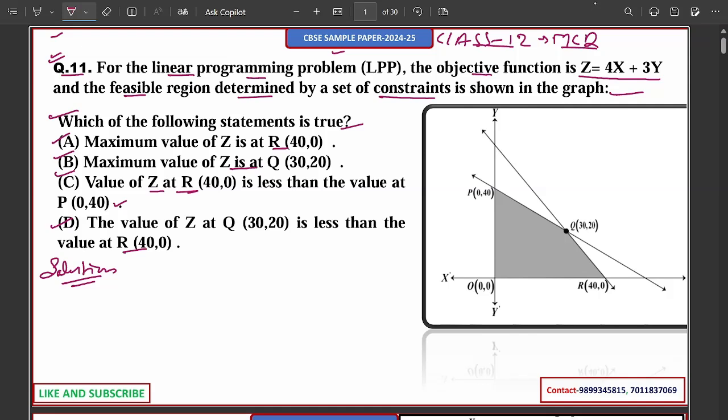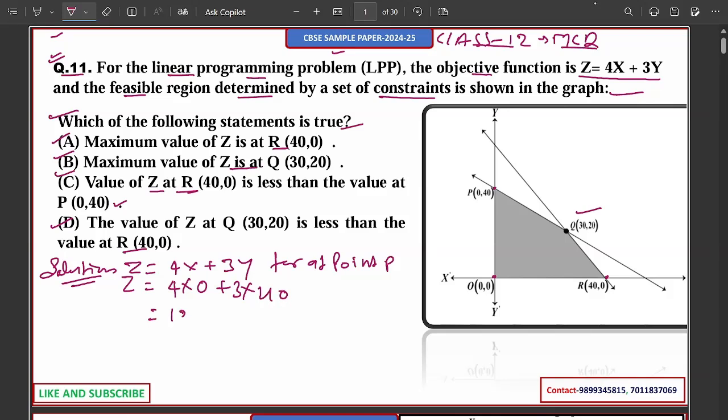For this solution we have to put one by one all the coordinates which are given in this diagram. This is P, this is O, this is R, and this is Q. So one by one, Z is equal to 4x plus 3y. At point P, this will become 4 multiply 0 plus 3 into 40, so this is 120.